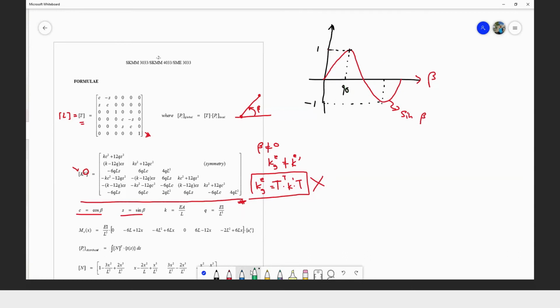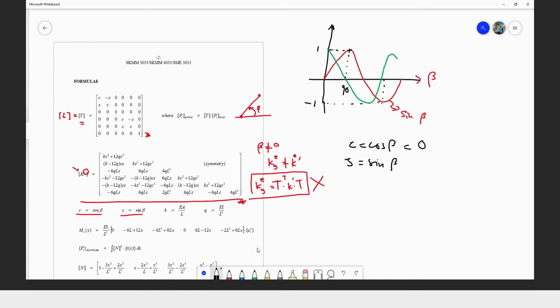Saya lukiskan elok sikit. So it should cross this part here. Okay, roughly lah, not to scale kan. Macam tu lah roughly. So okay, then we know that cos beta for angle 90 equal to 0, and sine is equal to sine beta.